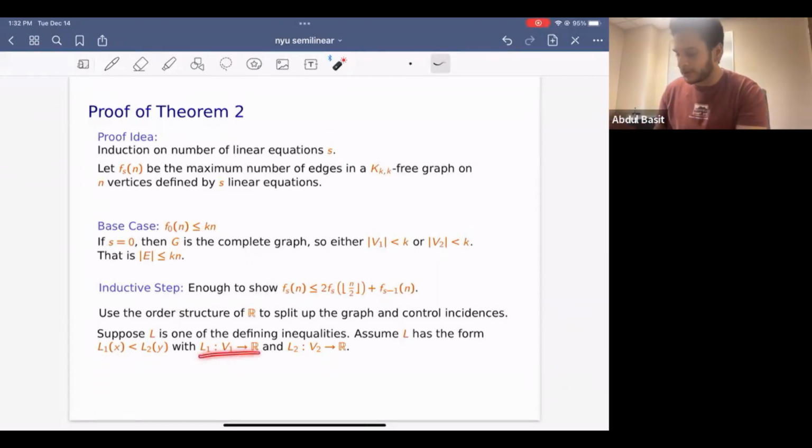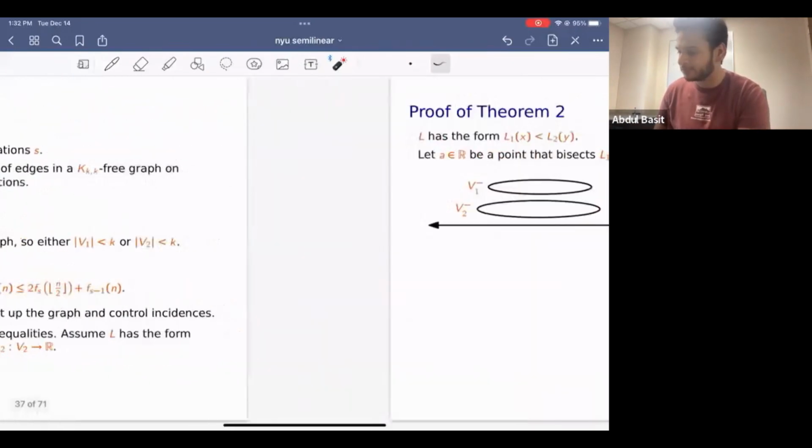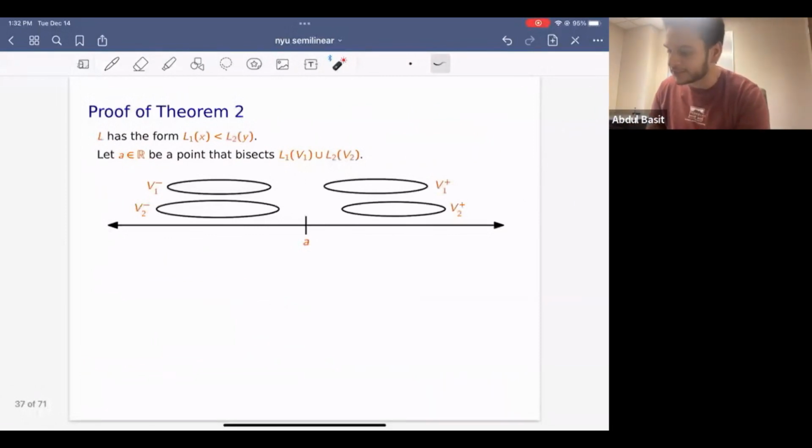And then L1 maps V1 to the reals, L2 maps V2 to the reals. So I have a picture that kind of looks like this. I have this set V1, I have this set V2, and what I do is I cut up my sets into two equal pieces, so I have half my points on the left and half my points on the right.